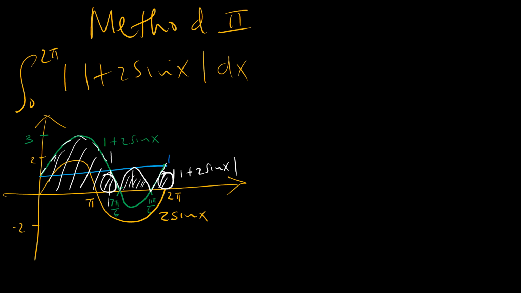And so what this is telling us is that this integral of ours is the same as 1 plus 2 sine x without perturbing the sign from 0 to pi, and then when pi crosses to 0 on this 2 sine x, and then when we add 1 it goes up from pi down to 7 pi over 6.